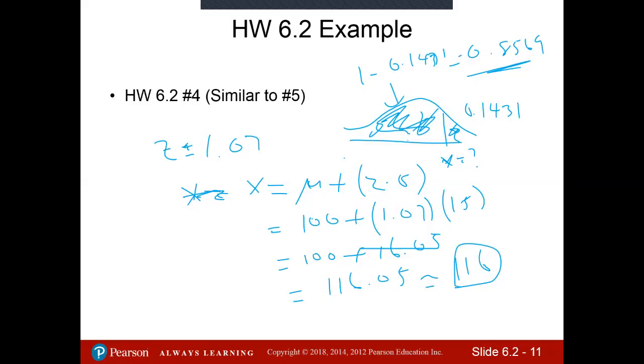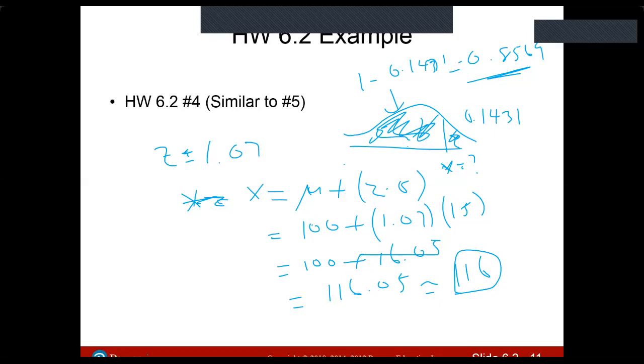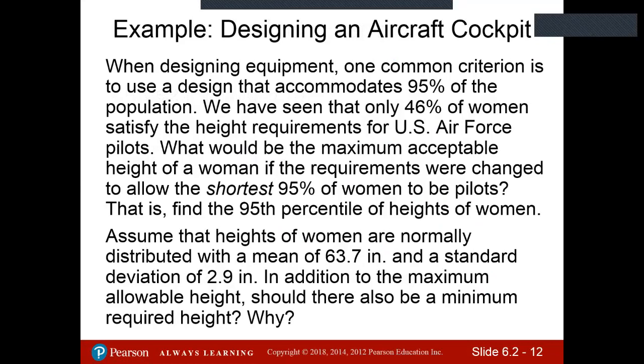Very good. So now I'm going to take other examples where I'll show you how to find this. So here's a question. It said, designing aircraft cockpits. When designing equipment, one common criterion is to use a design that accommodates 95% of the population.